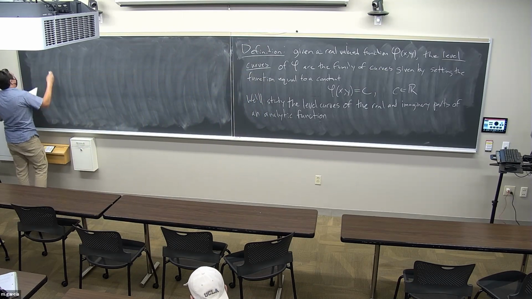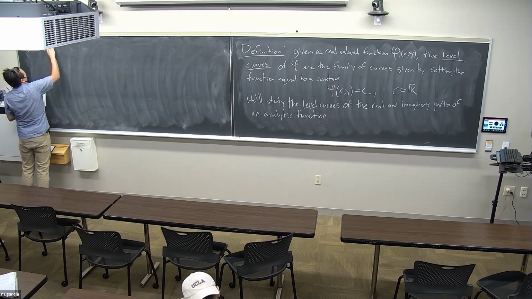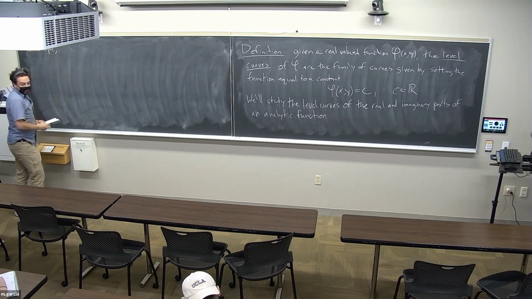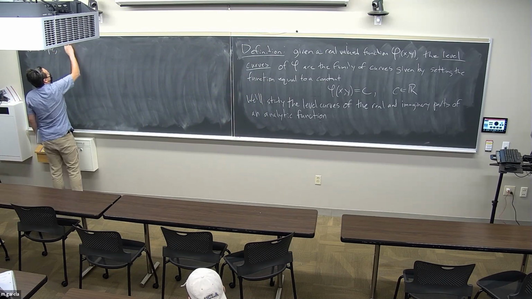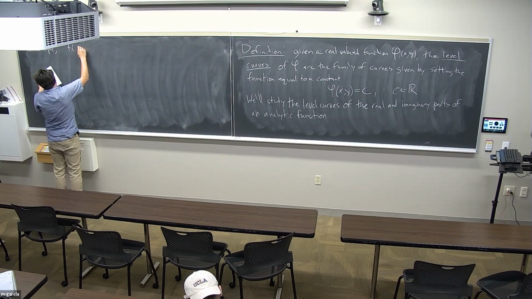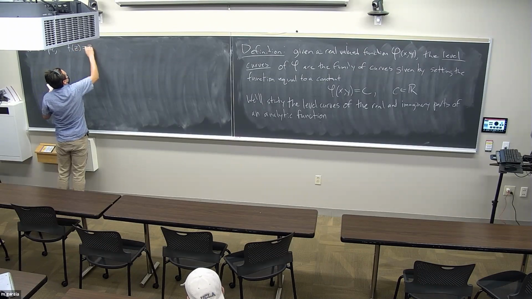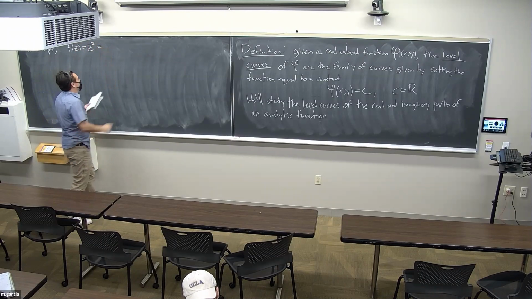For example, let me give you an equation of the back of this chair. That is, let me consider f of z given by z squared. We actually made this computation a bunch already.